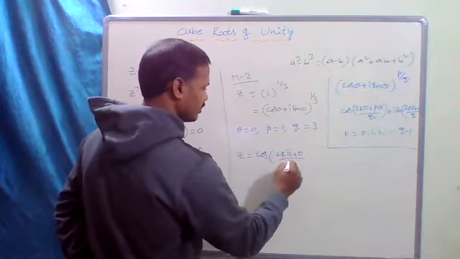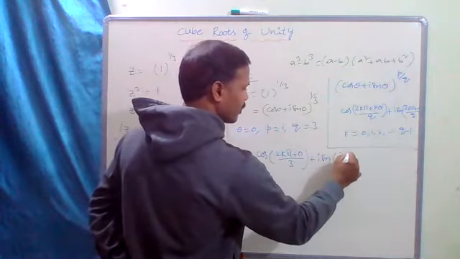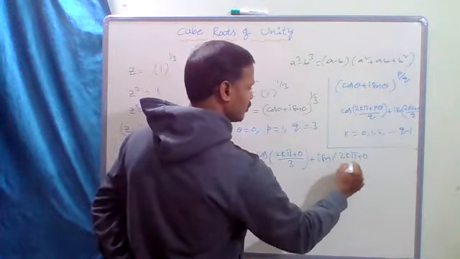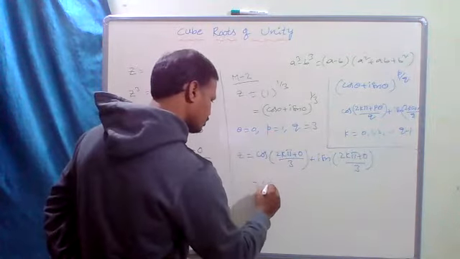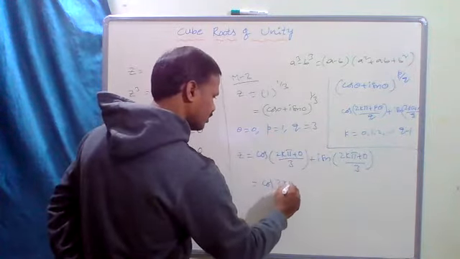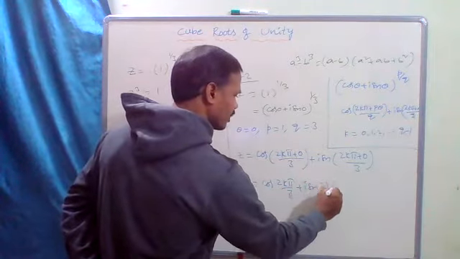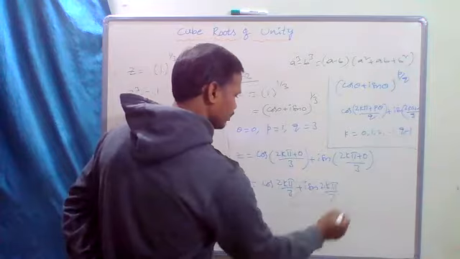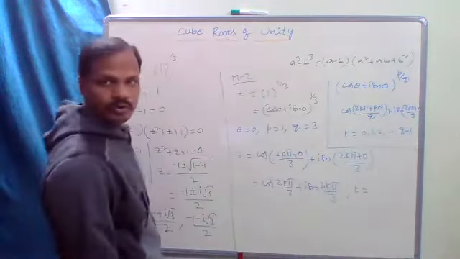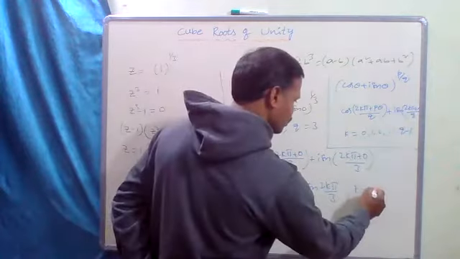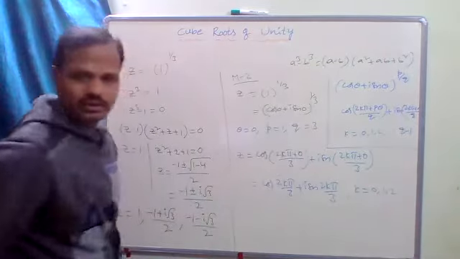So cos 2k pi by 3 plus I sin 2k pi by 3, where k equals 0 up to q minus 1, so that is 0, 1, 2. 3 minus 1 is 2.